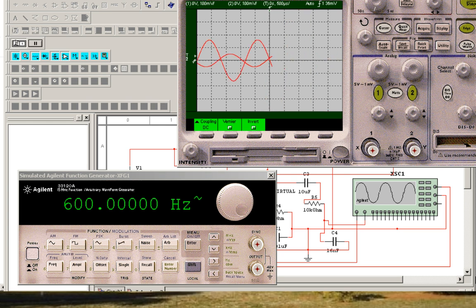Oh, it's the output. Oh, you know what it could be? It could be that coupling capacitor. I don't know, is it the coupling capacitor?